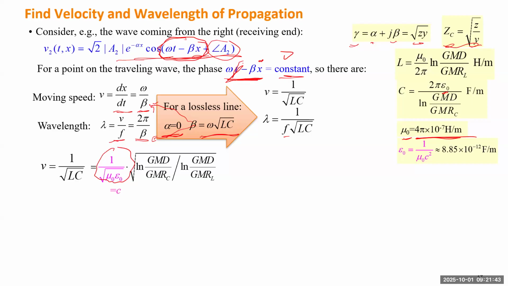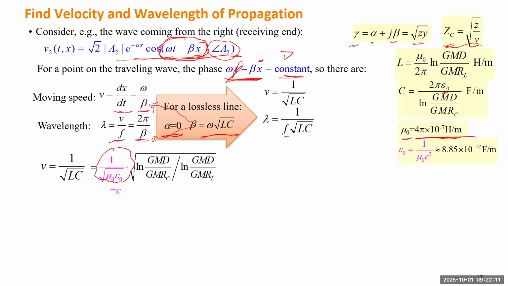And how about the next item? The next item is roughly 1, because GMR-C and GMR-L are different, but the only difference is about the inside of the conductor. Remember the key difference between the electric field and magnetic field: the magnetic field can stay inside of the conductor, but the electric field can only stay outside of the conductor.